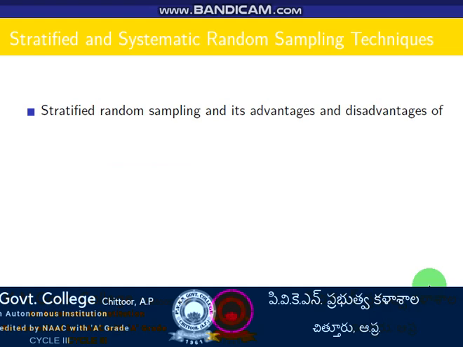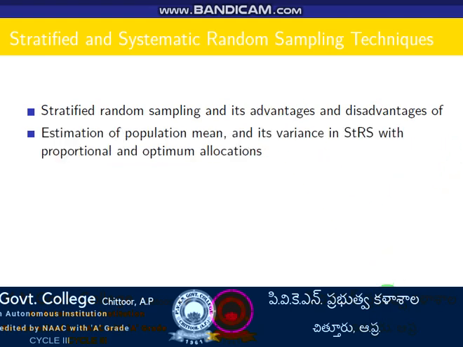Here, stratified random sampling and its advantages and disadvantages, estimation of population mean and its variance in STRS with proportional and optimum allocations. Here, in STRS, we have proportional and optimum allocations.